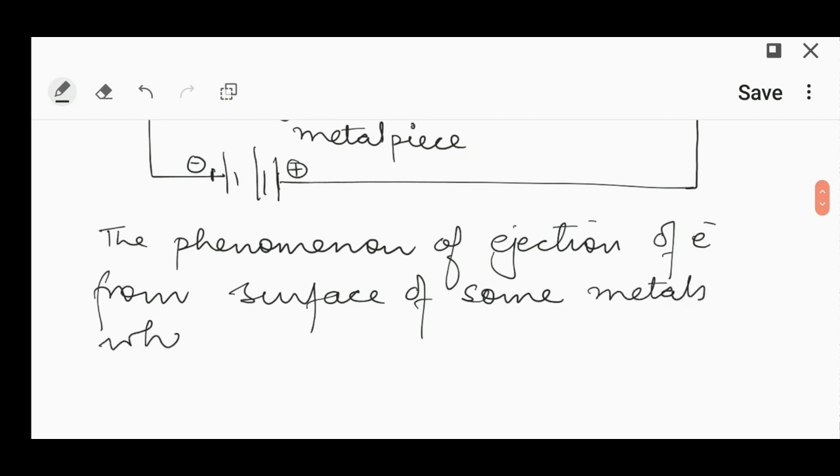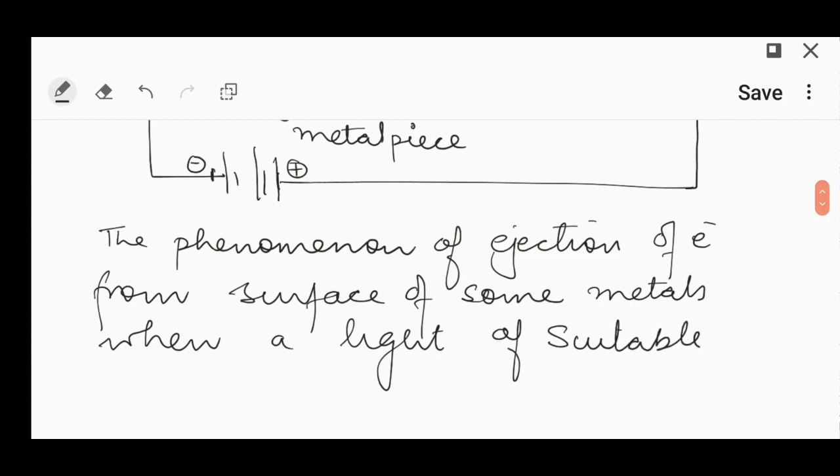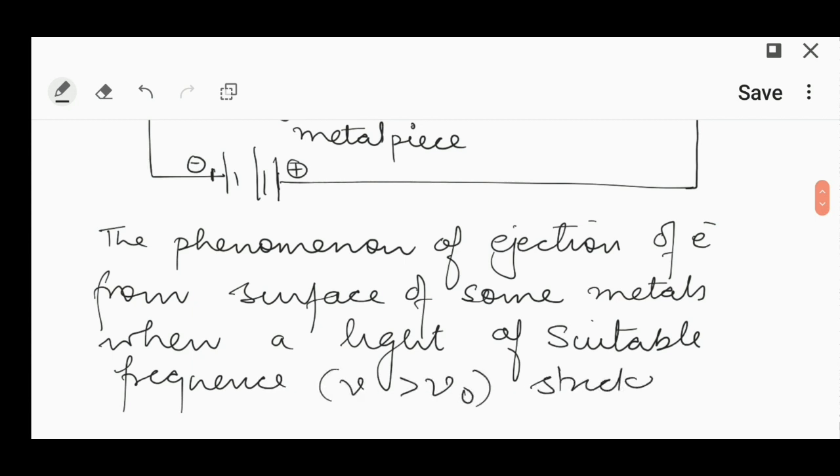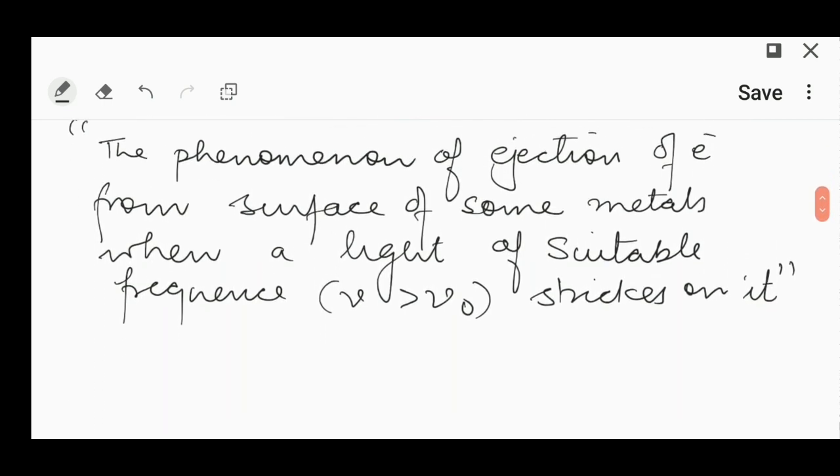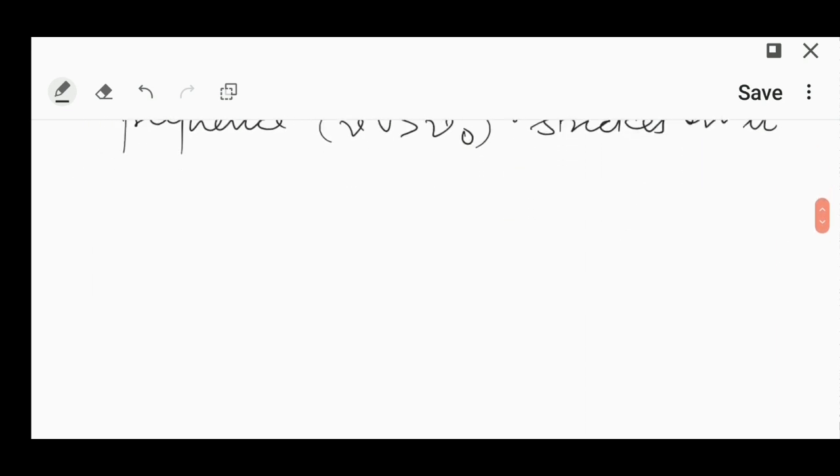When light of suitable frequency, you can write in this bracket that nu should be greater than nu naught, strikes on it. This is the exact definition of the photoelectric effect. Now I am going to explain how to derive the relation of the photoelectric effect.